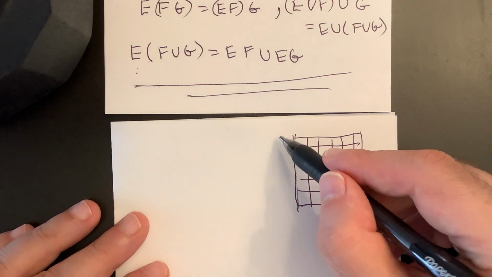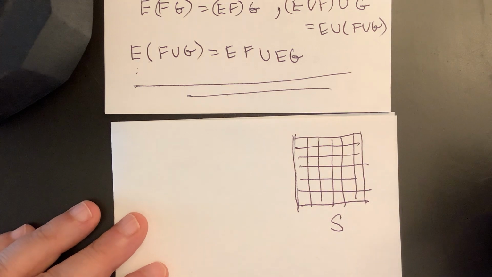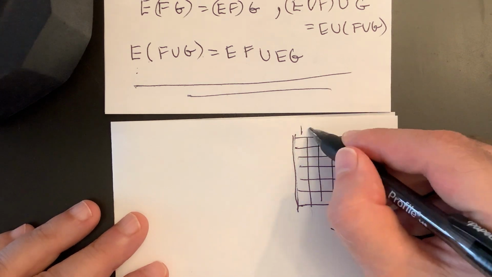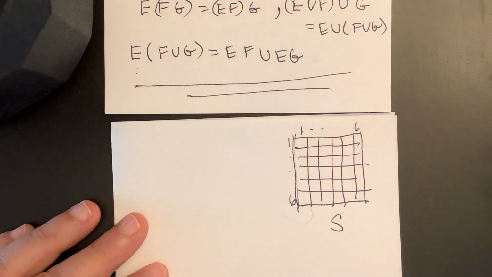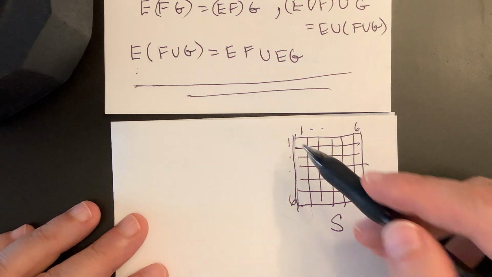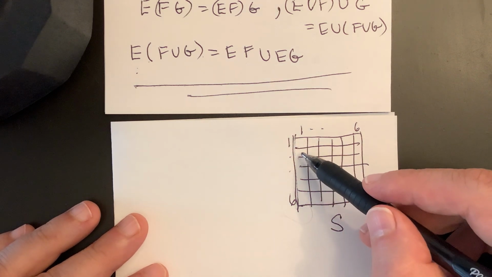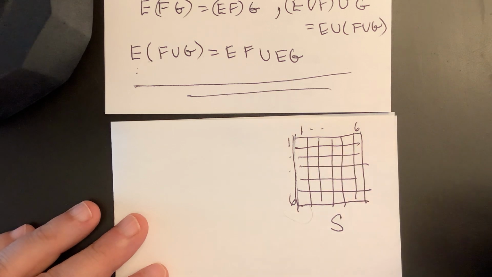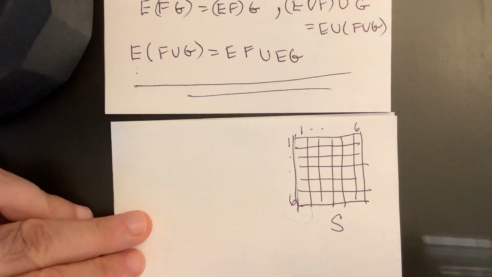And maybe down here, this is one of the dice and here's the other die, 1 through 6. For example, if I want this to be the first die and I want to say 2, 3, that would be here, right? So something like that.